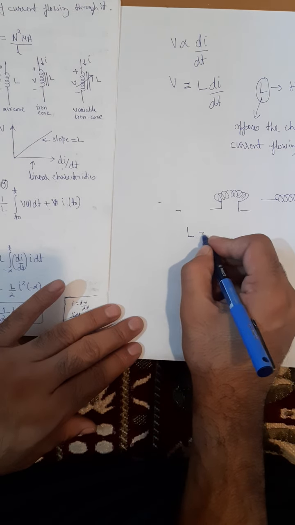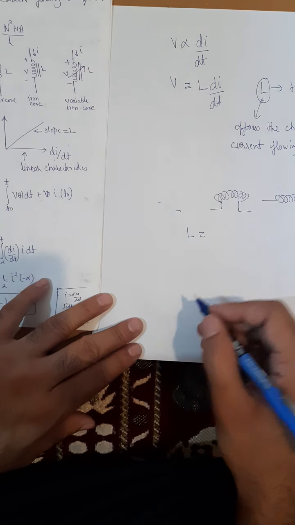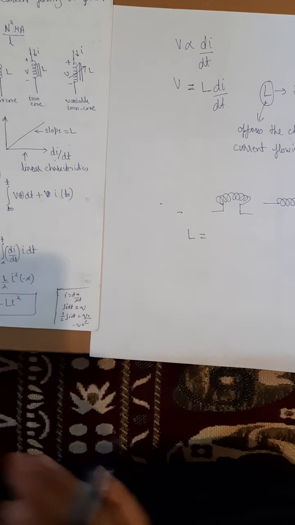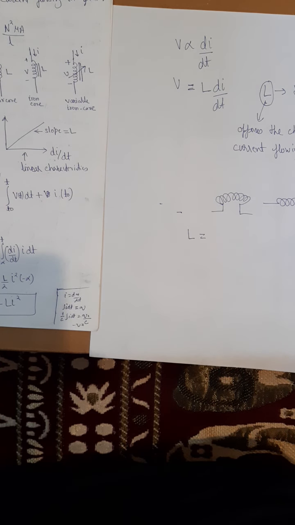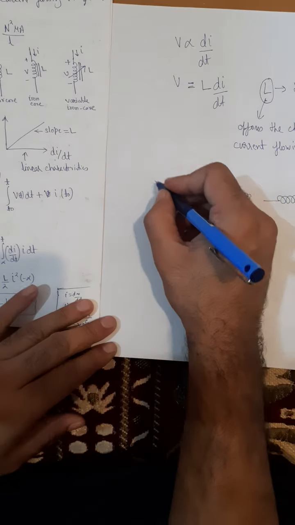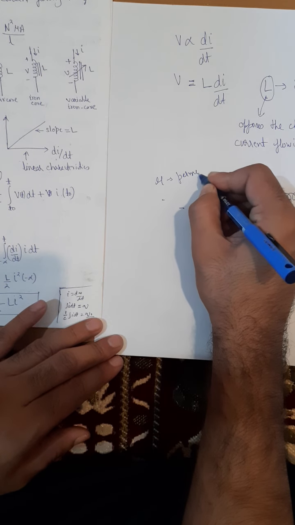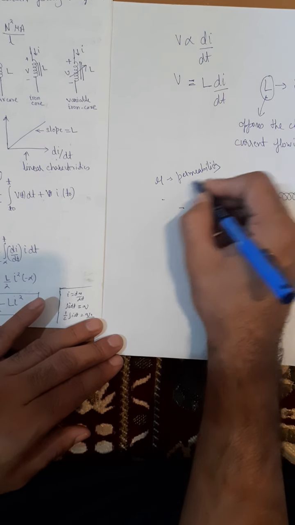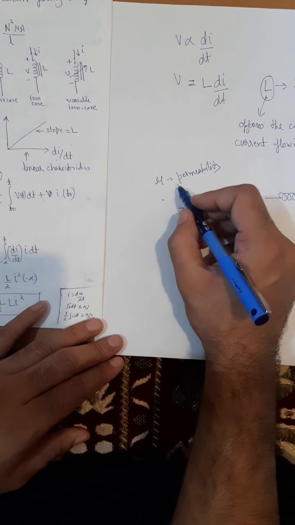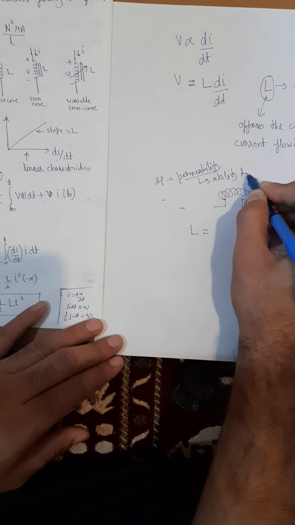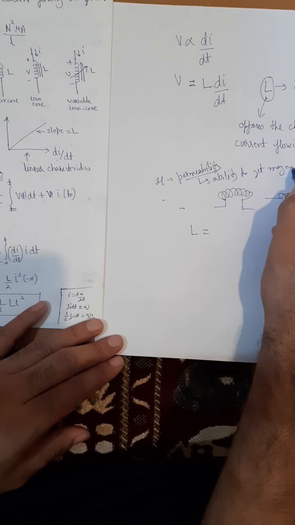So the inductance of an inductor is given by a formula. On which factors will this inductance depend? It is storing energy in the magnetic field. You must have read about permeability, mu. I will teach you permeability in the coming lectures. Simply, it is the ability to get magnetized.